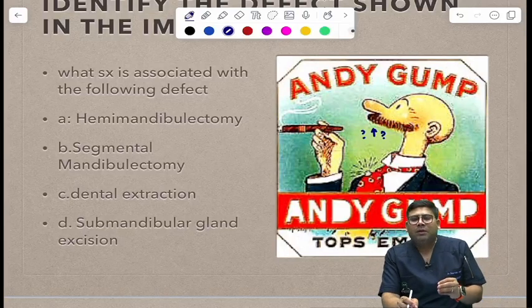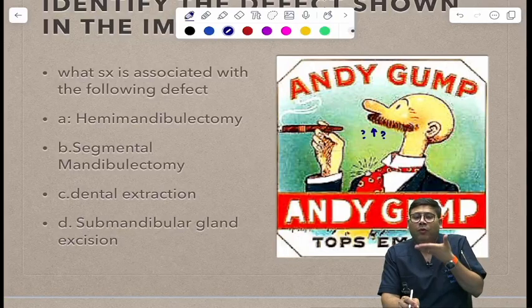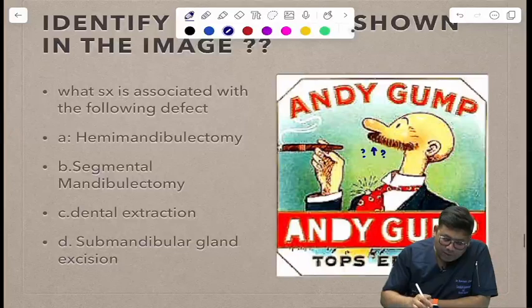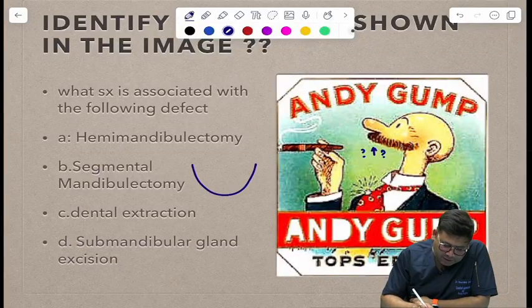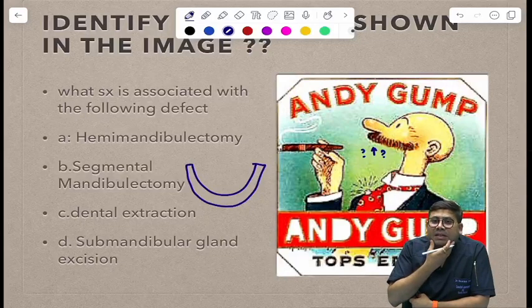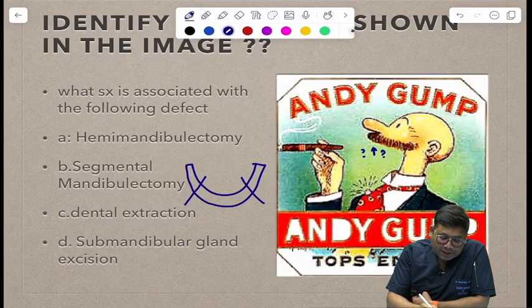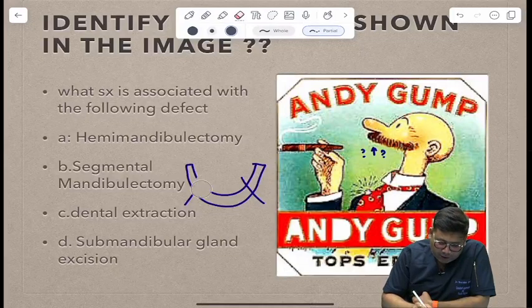Prolapsed floor of the oral cavity, floor of the mouth, and when will it happen? Because of the mandible. If you see, this is the mandible, and this mandible is a support for the floor of the mouth also. So prolapse will happen when you resect a segment of the mandible. Remember students, if you do a total mandibulectomy, it's a different scenario.